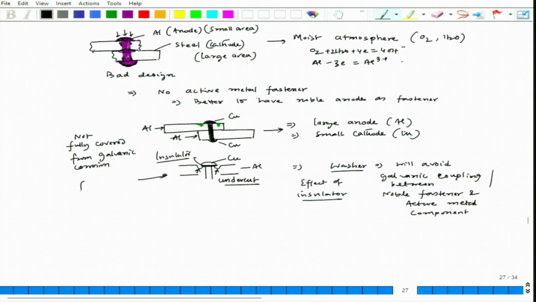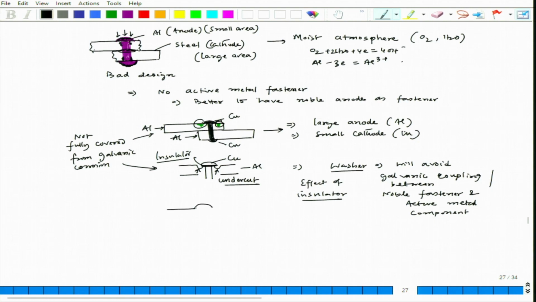So, this is fully covered. I can say this is the better design, or not this. So, this is the effect, the undercut.